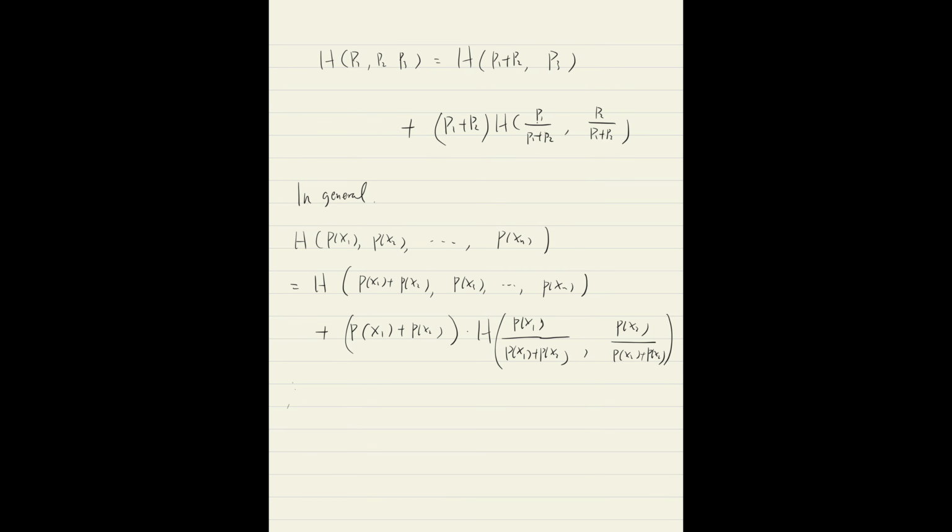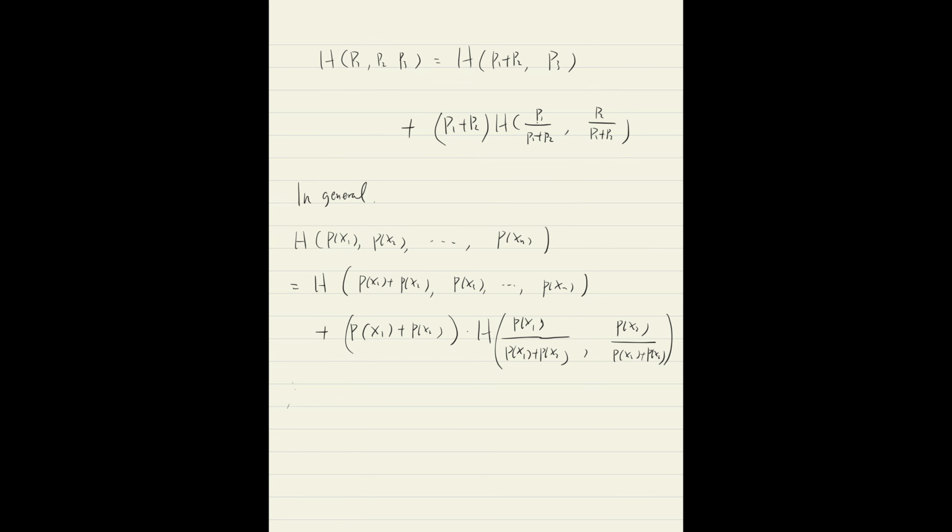Let me restate it. If we just look at this event, the probability of that is this guy, and the probability of that is this guy. Therefore, this entropy is P1 divided by P1 plus P2, and then P2 divided by P1 plus P2, right?